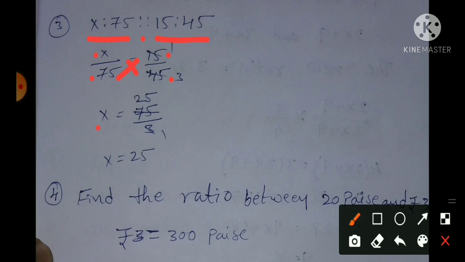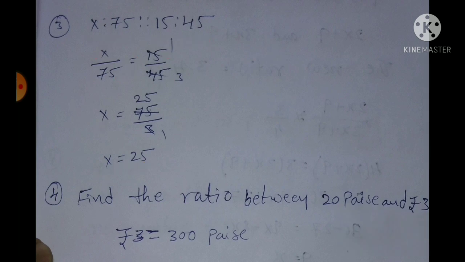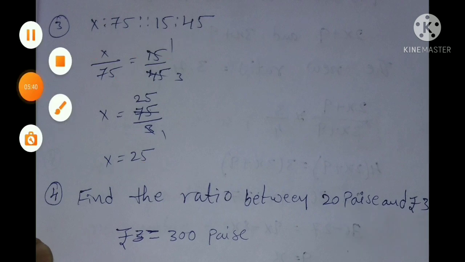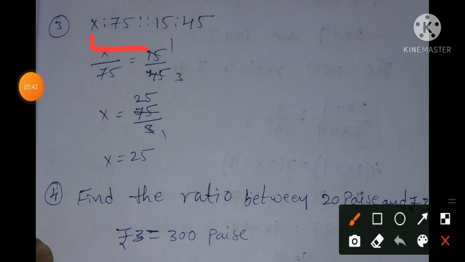Here we are going to have a formula to do the same, that is the product of extremes equal to the product of means. Here A is to B and C is to D are the ratios which are in proportion.